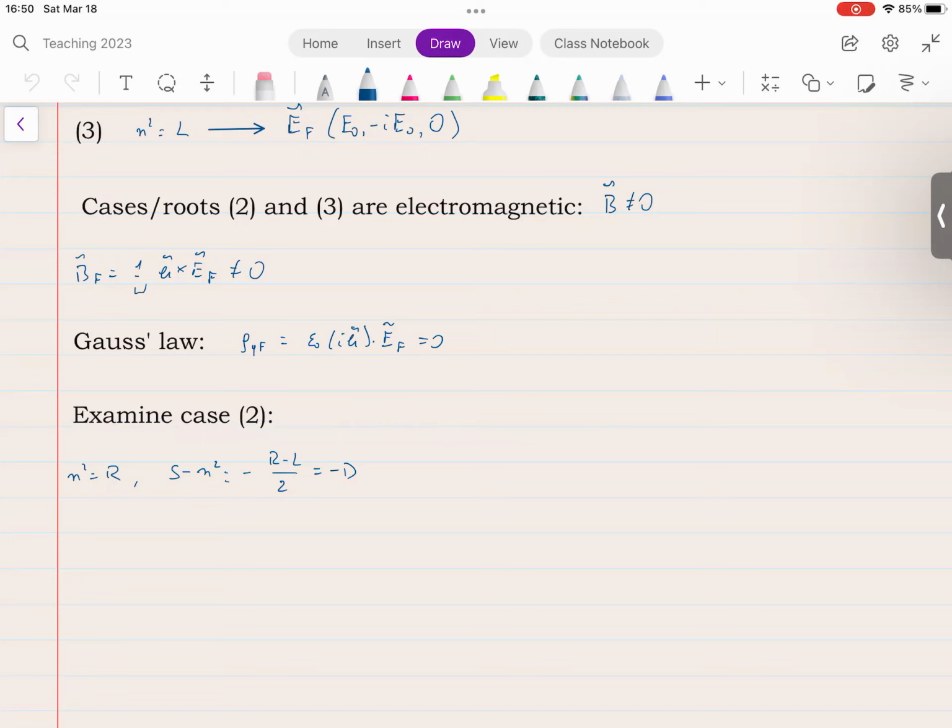Sorry about that. Let me write it here. Maybe I took even too much space. In case 3, we have n squared equal L, and S minus n squared is equal to plus D.